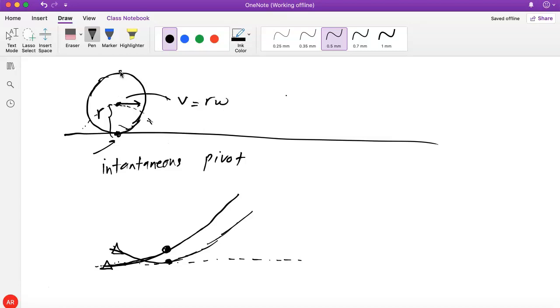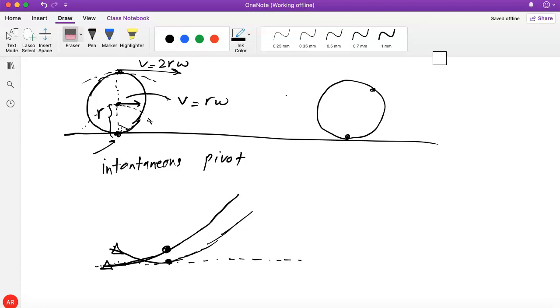If you want to look at this point here, it's all the way over here. So now it's again tangent to a different circle, and now the distance is 2r, so the velocity of that point will be 2r omega. If you take some arbitrary point, let's say I take some point over here, it does not even have to be on the edge, so let's make it even more arbitrary. Take some point here on the disk.